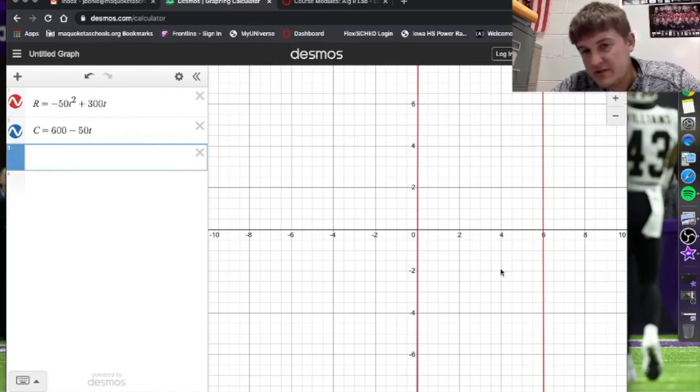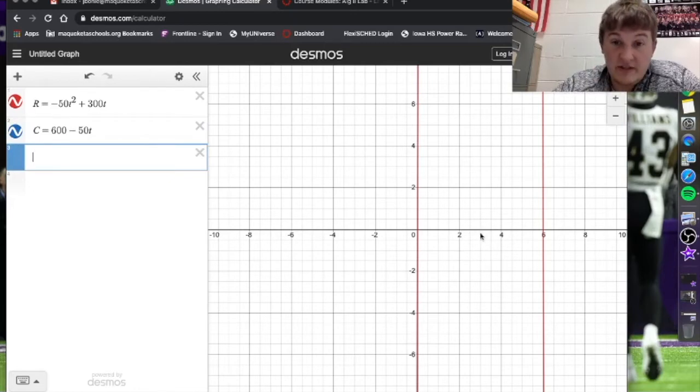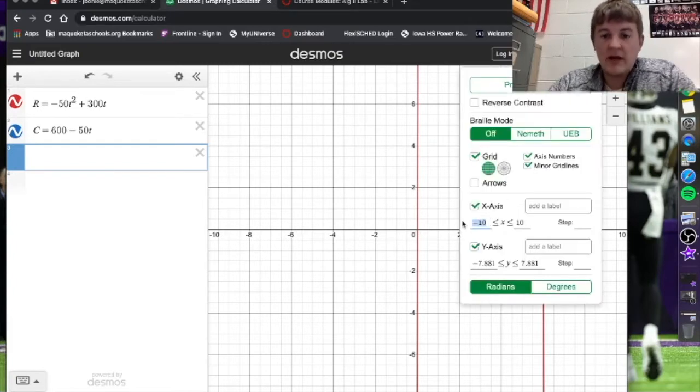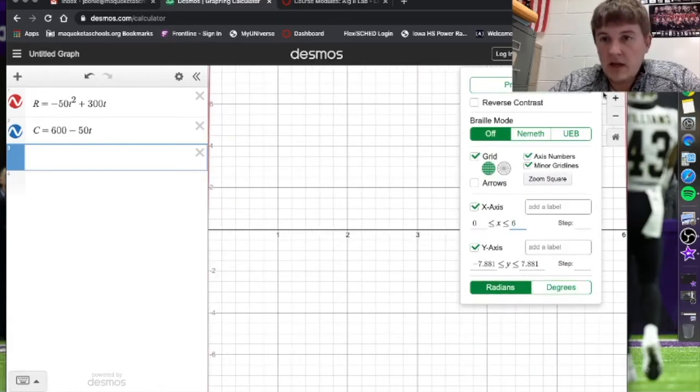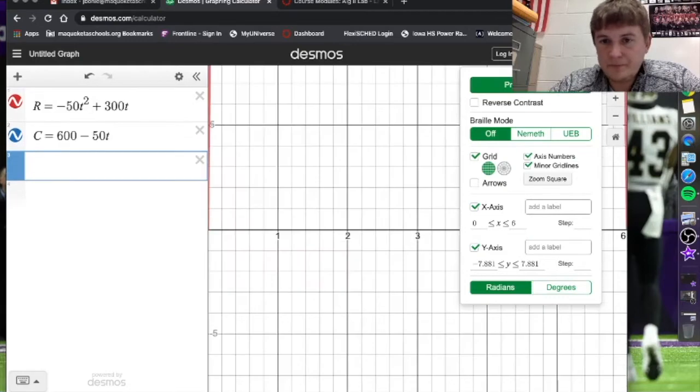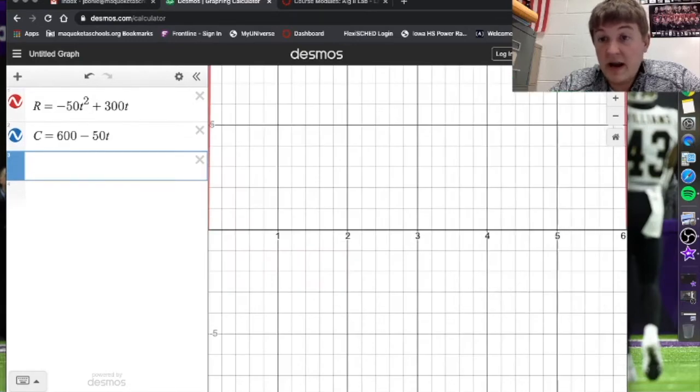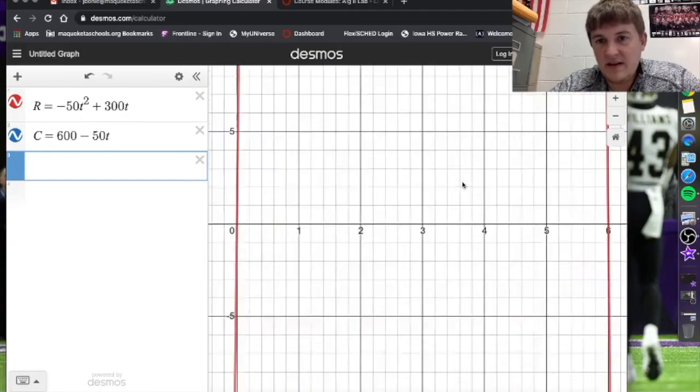Now the problem is, as you can see here, we really don't have a ton of space to see what's going on. So we're going to use some visual hints to help us. My x values seem to be between 0 and 6, so let's fix that. We'll say this is 0 and this is 6. That gives us our x values, but the y values could be tough.